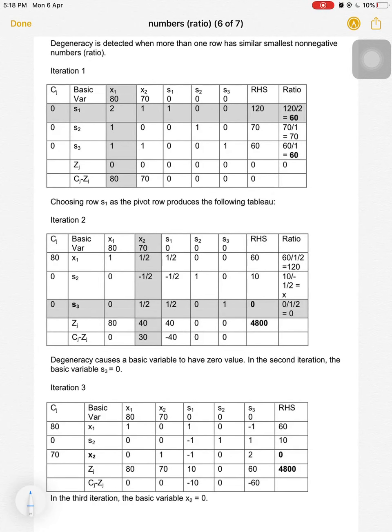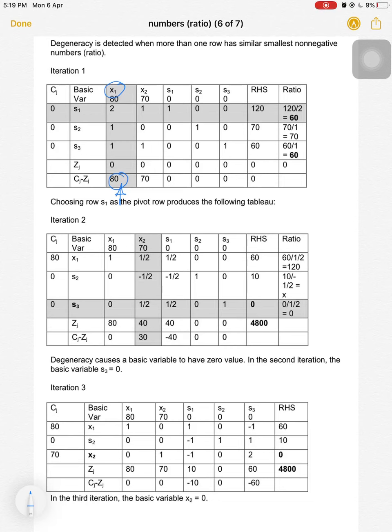Degeneracy is detected when more than one row has the same non-negative ratio. If you remember, I said the first step is to find the largest positive number in Cj minus Zj. 80 is the largest positive number, so x1 will enter the basic variable column in the next tableau.